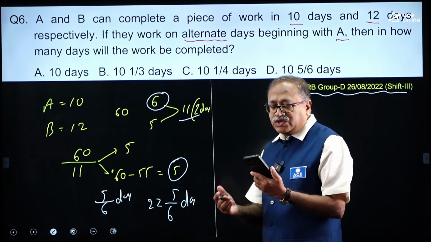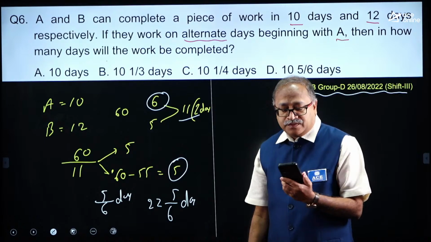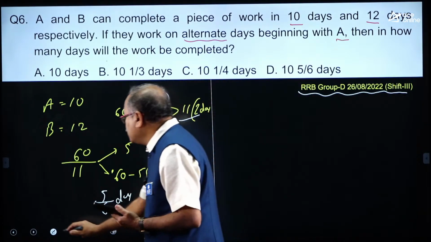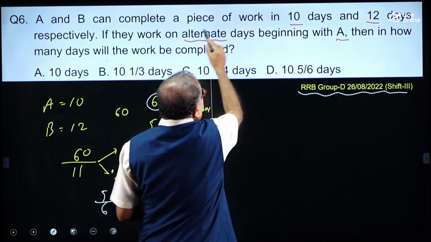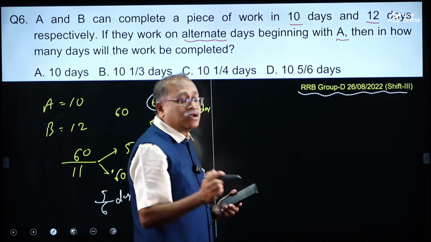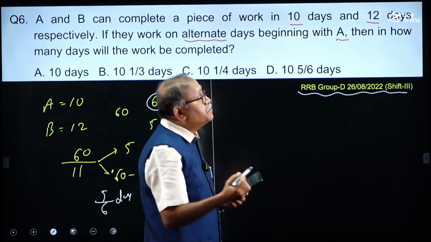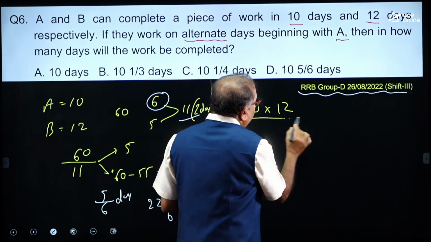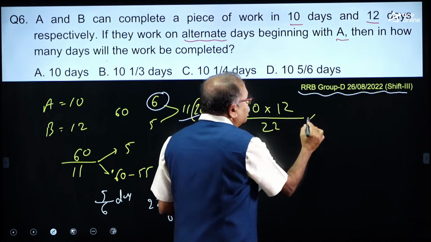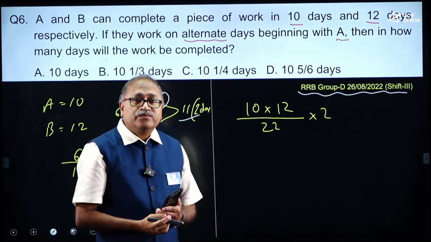I am sure you must be knowing this one, but we will change the method. And how do we change the method over here? Look at this part. If they work together, then the AB by A plus B formula. So that comes to 10 into 12 by 10 plus 12, that is 22, and they are working alternate days, into 2.